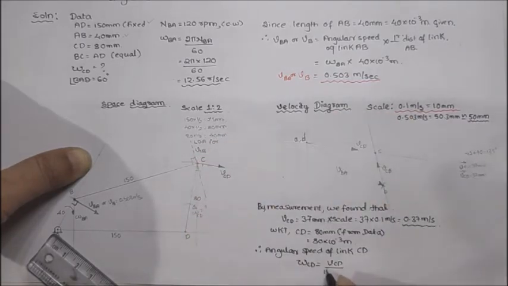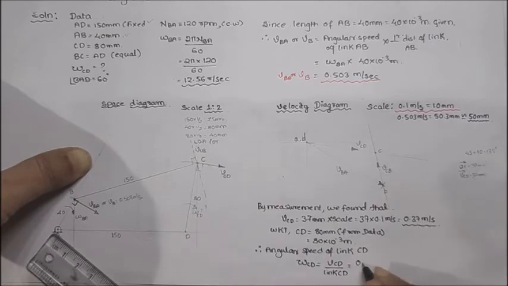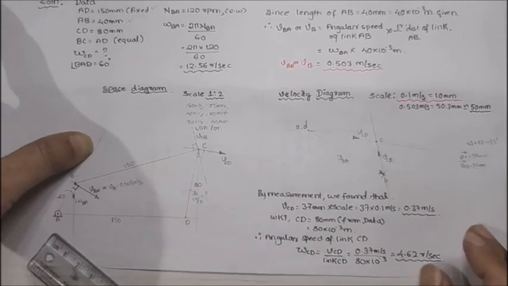So velocity of link CD is 0.37 meter per second, and here it is 80 into 10 to the power minus 3. So when we substitute, we'll be getting something about 4.62. Its unit is radians per second.